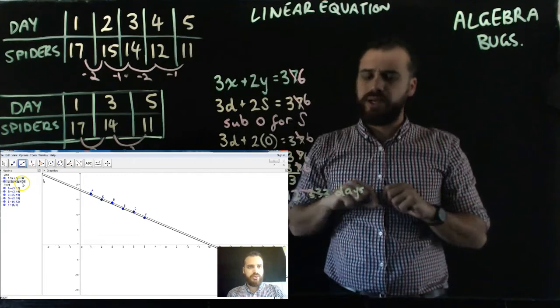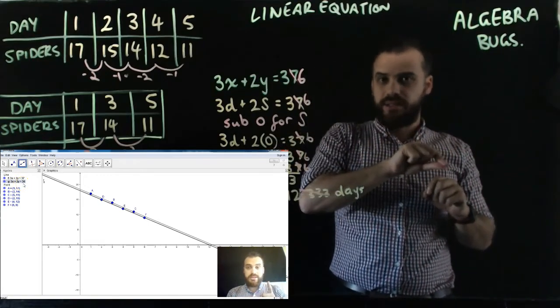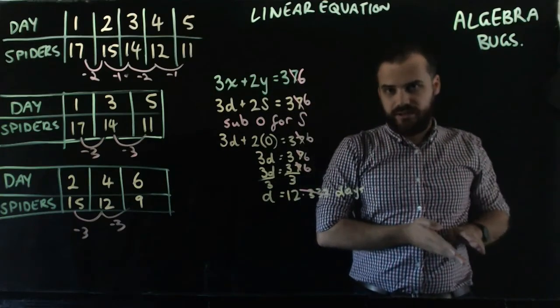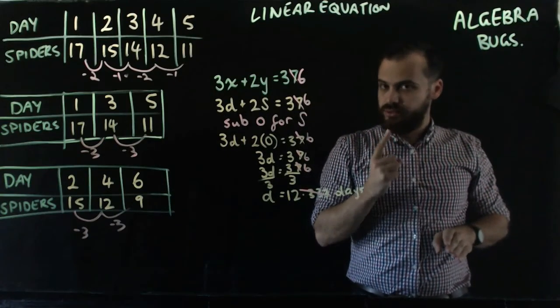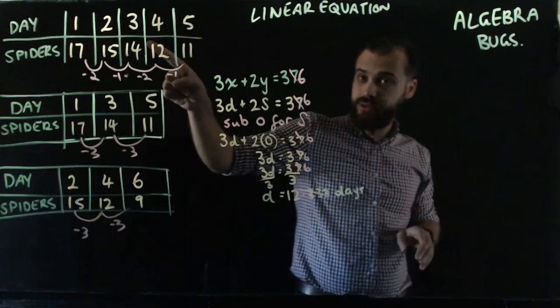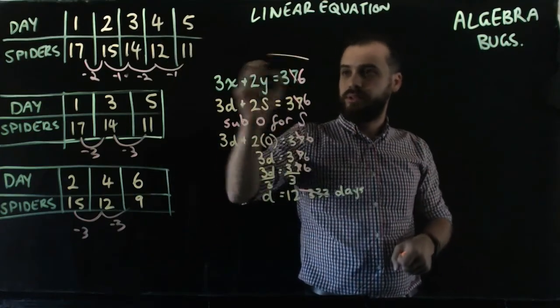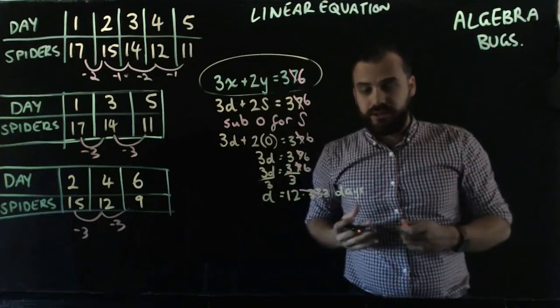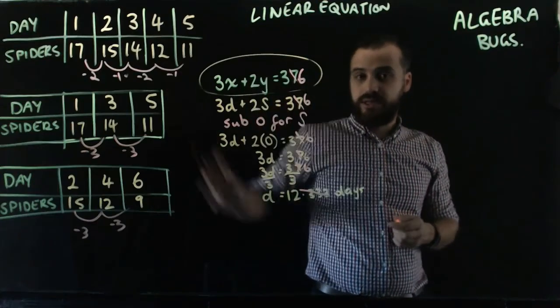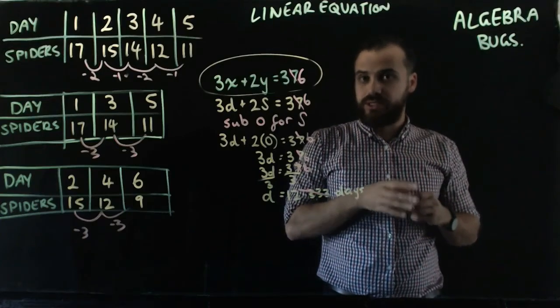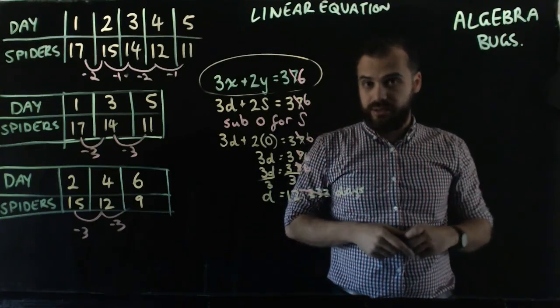Now this was a complicated one because the line went like this, so we had to mess around a little bit to get two straight lines instead. So, three ways to look at them: tables, graphs, and then algebra. These three things are all one thing. They're all three different ways to look at exactly the same thing.